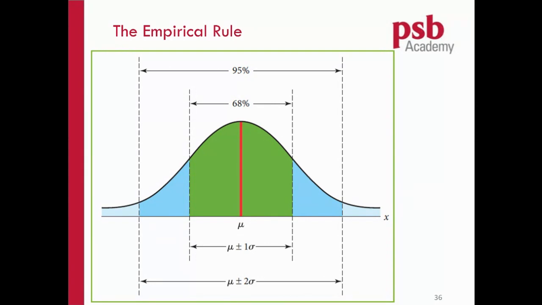Now, how does it work? If you have a bell shape, remember in the earlier slides, you know that this is the mean. For any bell shape, you can actually cut three sections on the right hand side. 1, 2, 3, 1, 2, 3.